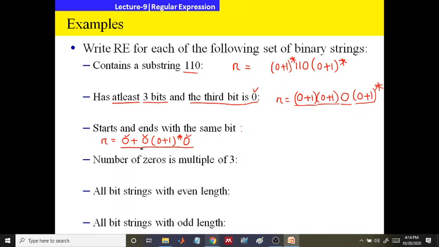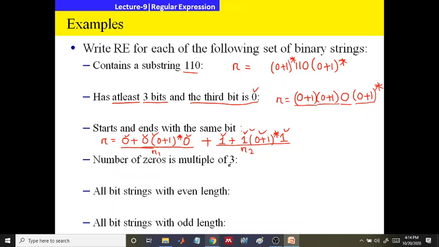Next it will accept all the binary strings that have started with 1 and terminated with 1, which is 1(0+1)*1. In between you may have any number of zeros and ones. Now you see this is a regular expression, and this is a regular expression. I have made a union between these two, which means it will accept all the strings accepted by this regular expression and by that regular expression.